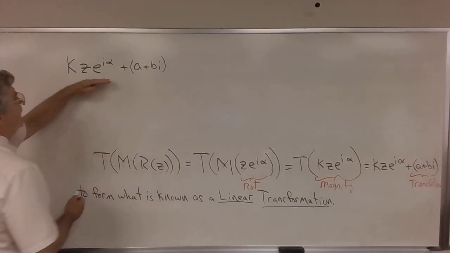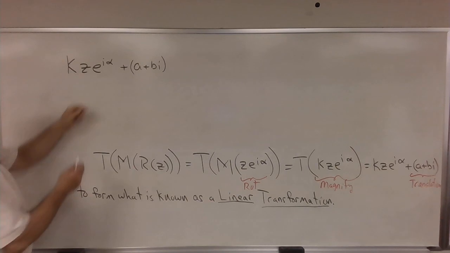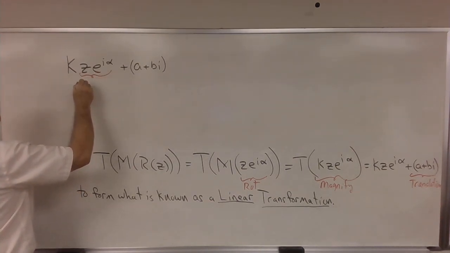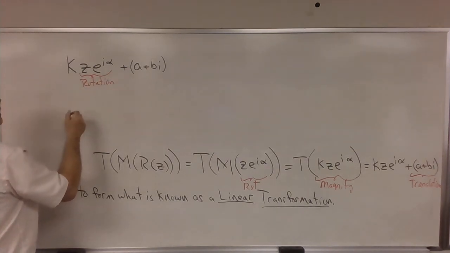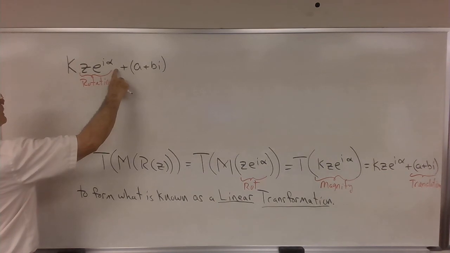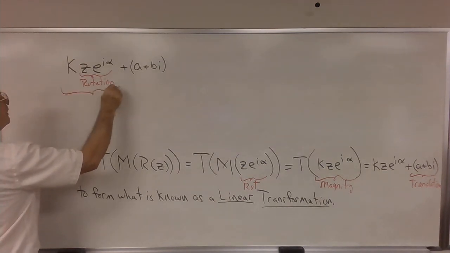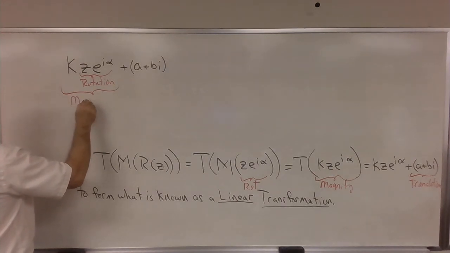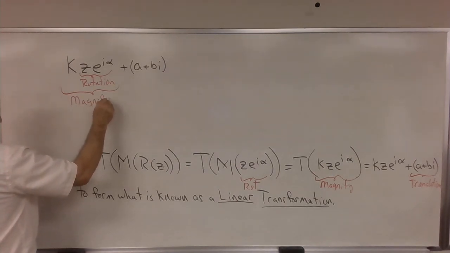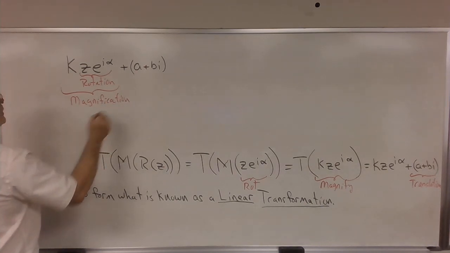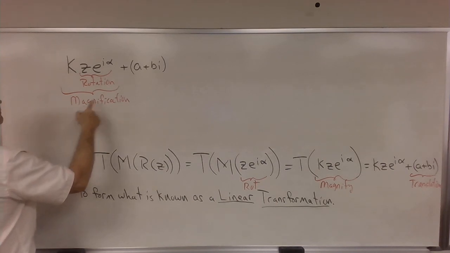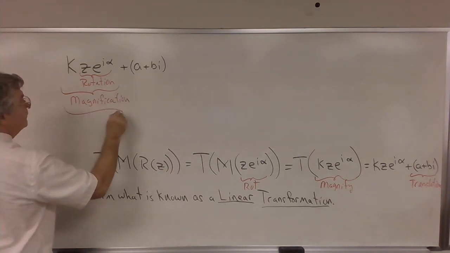This is the entire linear transformation, and this much of it, which is done first, is the rotation. Now, when we take the rotated region and we multiply it by a positive real constant, this is the magnification. And then we take this whole thing, the magnified rotation, and translate it.